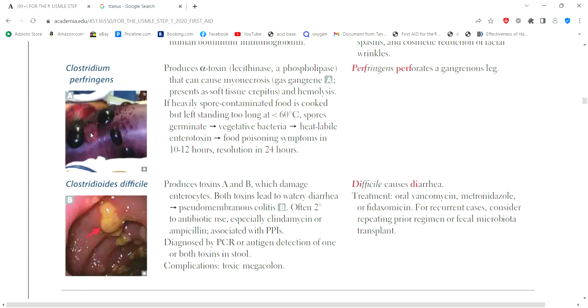Enterotoxin is a type of exotoxin. Exotoxin is in both gram-negative and gram-positive bacteria. Endotoxin is only in gram-negative bacteria.